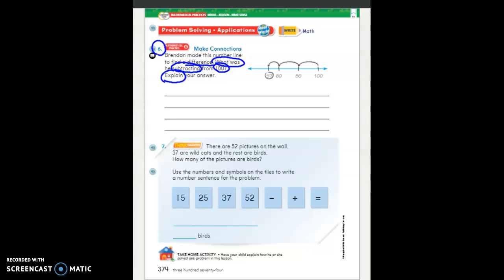Okay, so if I look at this number line, he jumped back a few times. He jumped from 100 back to 80. If I look at my 8 and my 10, I know that's 2. So 100 to 80 is 20. So he jumped back 20 there. 80 to 60 is like saying 6 to 8.